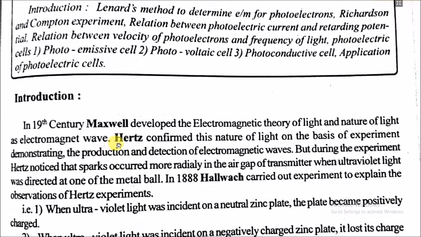But during his experiment, to show that electromagnetic waves can be produced and detected experimentally, he observed that the sparks occurred more rapidly in the air gap of the transmitter when ultraviolet light was directed on one of the metal balls. Means he observed that the spark is seen more rapidly when the ultraviolet light was incident on the metal ball, but he did not know about that event.